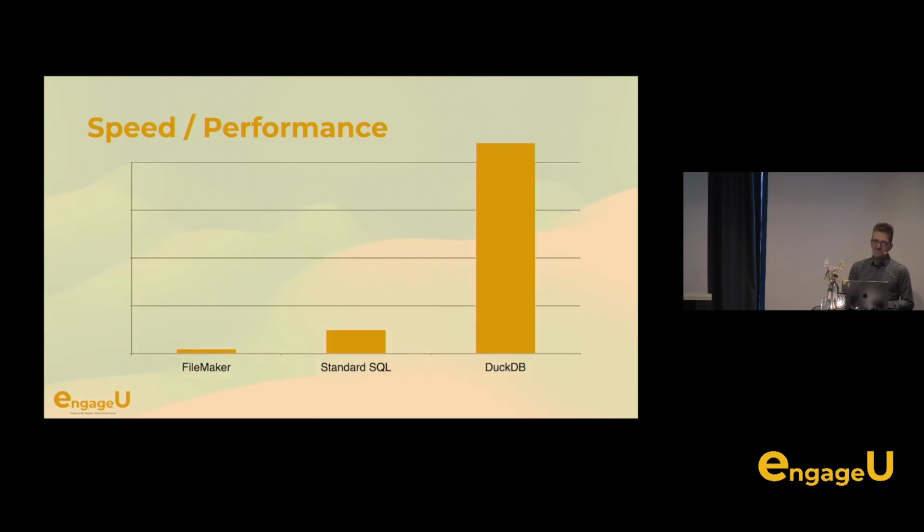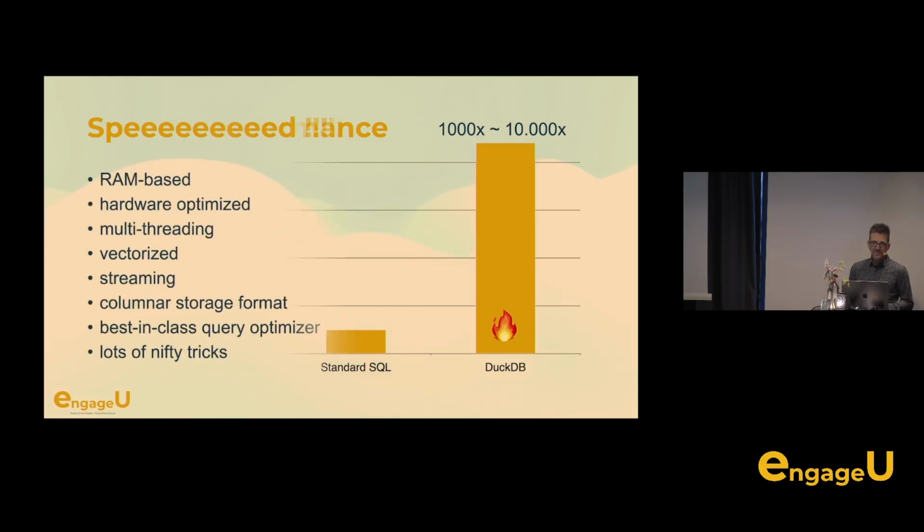But we will mainly look into analytics. Analytics is a place where DuckDB is really performing, and it does 10,000x the performance of traditional engines, and it's really amazing. We will have a look into why it is even possible to do such things.